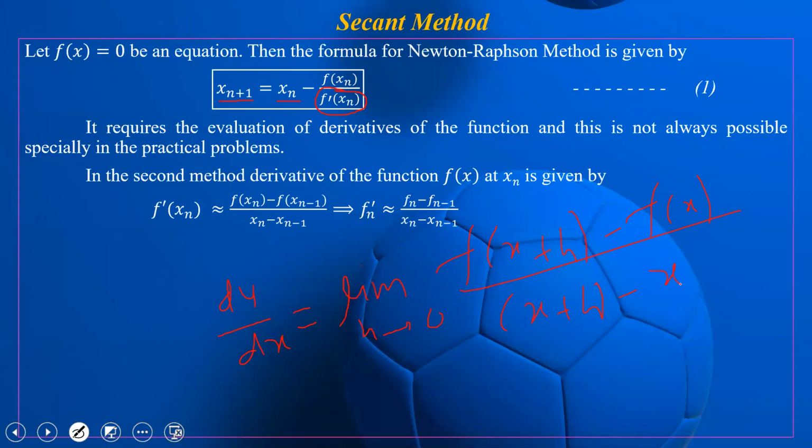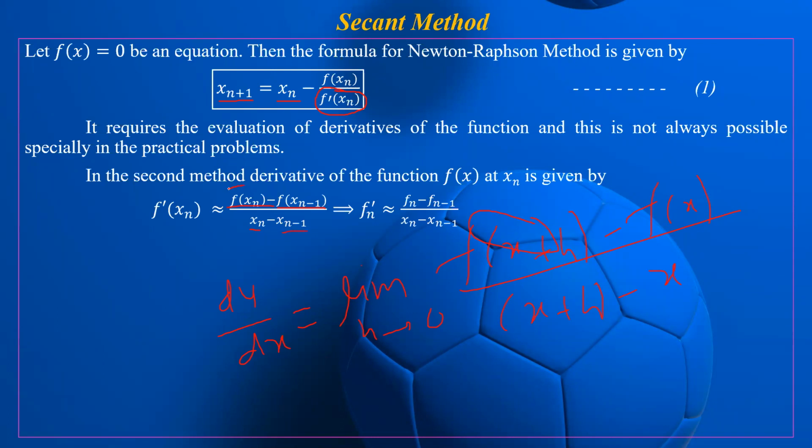So look here. Here x plus h is what? It is x n, and the numerator is f of x n minus f of x n minus 1, and the denominator is x n minus x n minus 1.